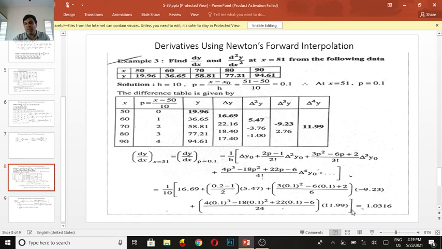If we substitute all the values, we get 1.0316.